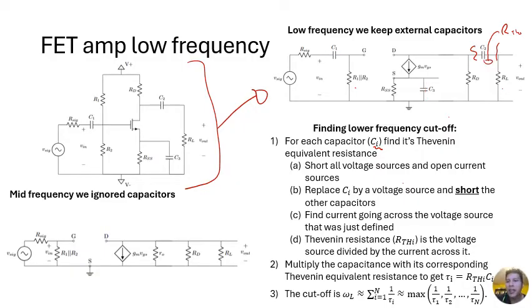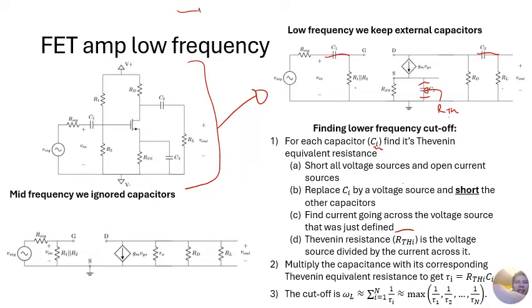And for C3, I would do the same thing, and I would come up with my R Thevenin 3. Once I come up with those three R Thevenins, each R Thevenin gets multiplied by its respective capacitance to find the equivalent time constant of that circuit.